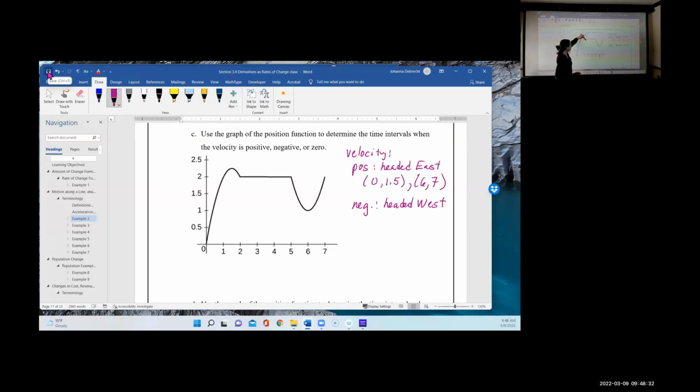We have a negative tangent line between about 1.5 and 2. And then we have another section after the car is stopped for a period of time, where it heads back west again. That's between 5 and 6, it looks like.